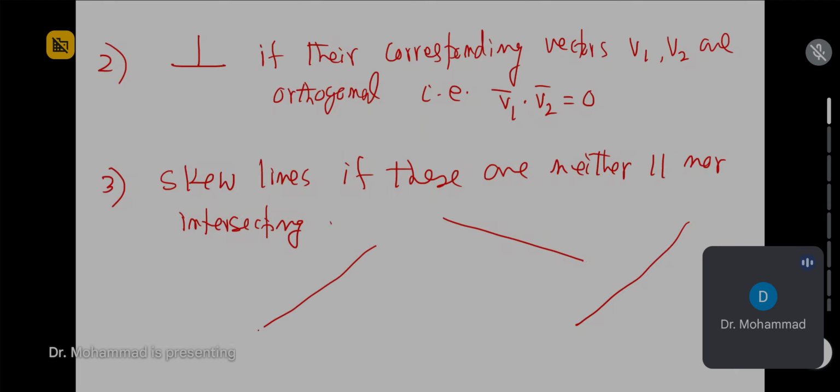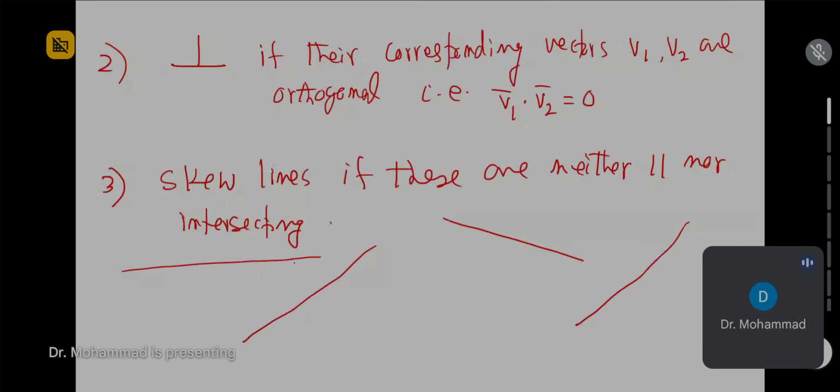For example here, this is also skew. It means the lines are not parallel and not intersecting. So we call these skew lines. That means what we can say from here is that they do not lie in the same plane.